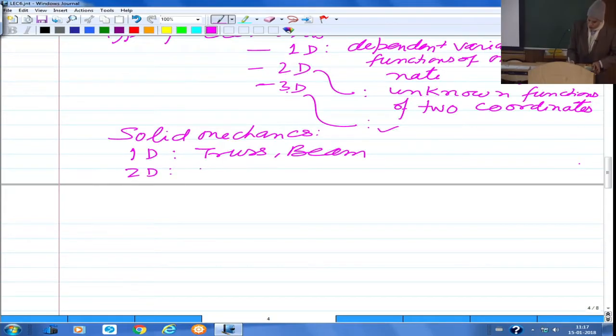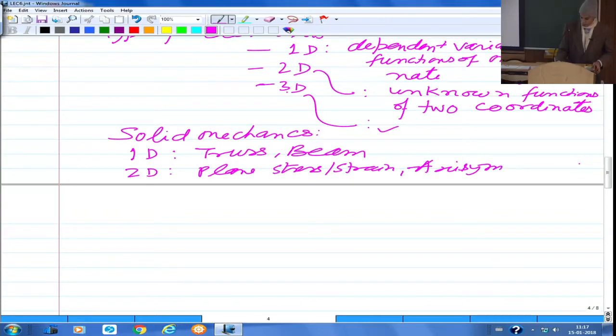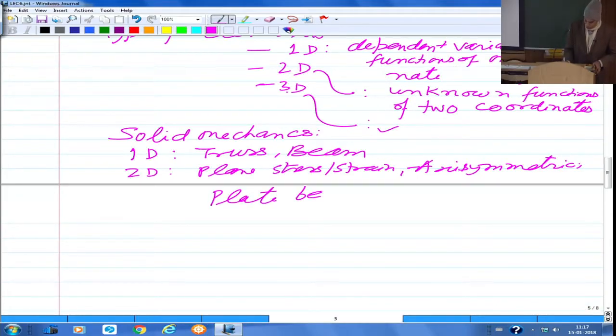Then in 2D you have what are known as plane stress, plane strain elements, axisymmetric, and then you have plate bending elements. So these are usually the two-dimensional elements in solid mechanics. We look at what approximations are made in these.